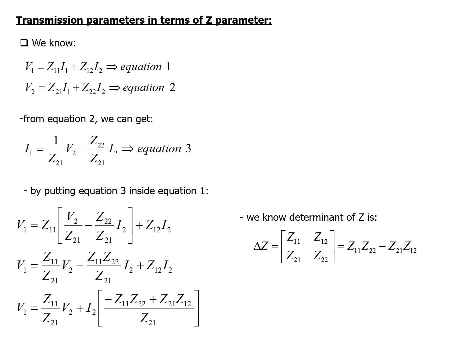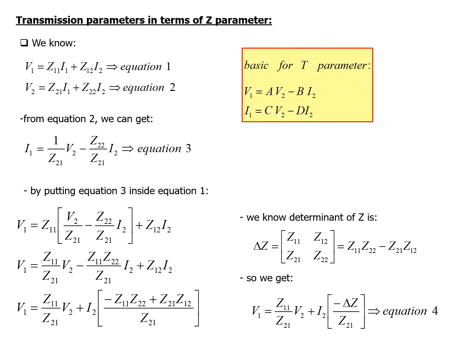And we know that the determinant of Z is Z11 Z22 minus Z21 Z12, and we get V1 equals Z11 over Z21 V2 plus I2 minus determinant over Z21, which is equation 4. And the basic form for transmission parameters is V1 equals A V2 minus B I2.